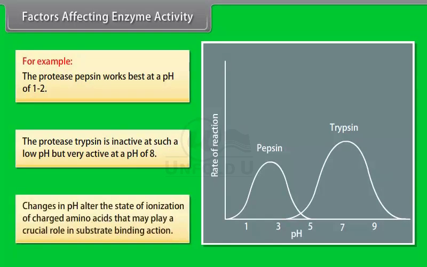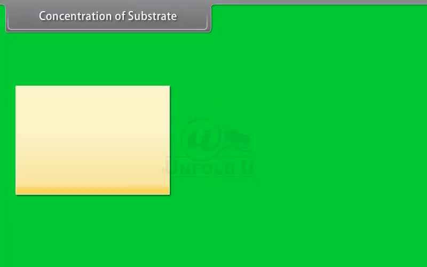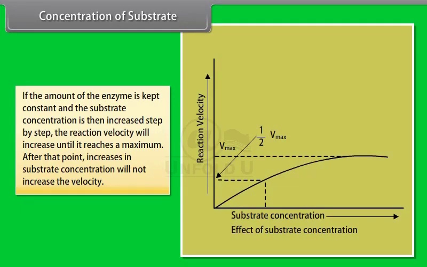Changes in pH alter the state of ionization of charged amino acids that may play a crucial role in substrate binding action. Concentration of substrate. If the amount of enzyme is kept constant and the substrate concentration is then increased step by step, the reaction velocity will increase until it reaches a maximum.